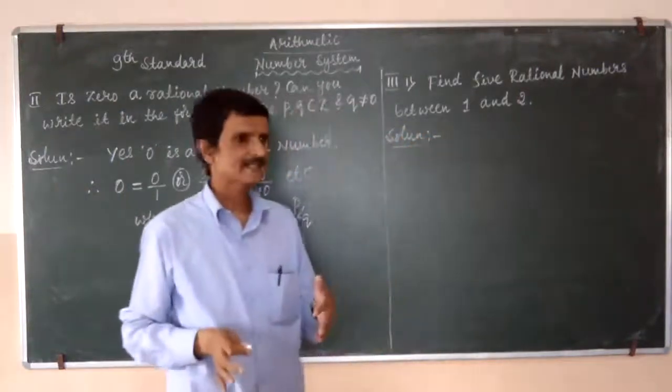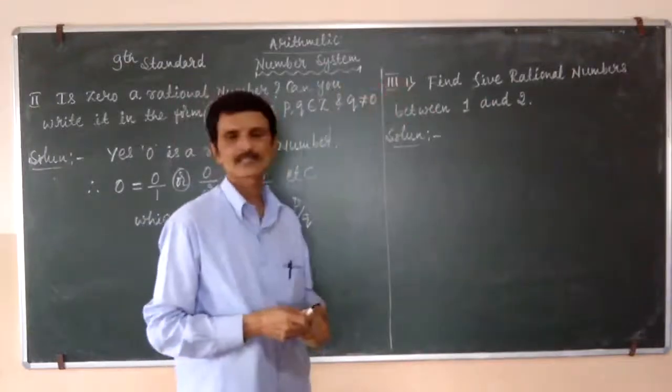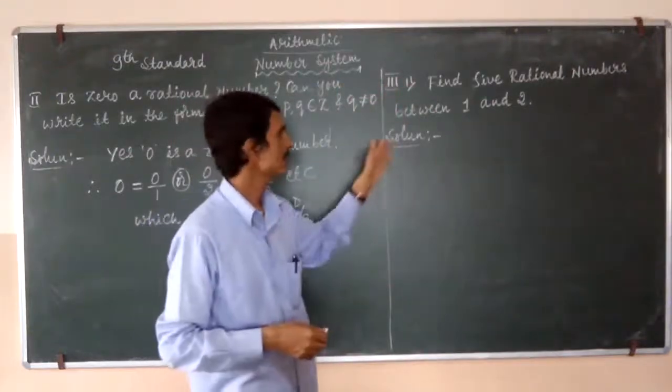So we have to write the 5 rational numbers between 1 and 2.